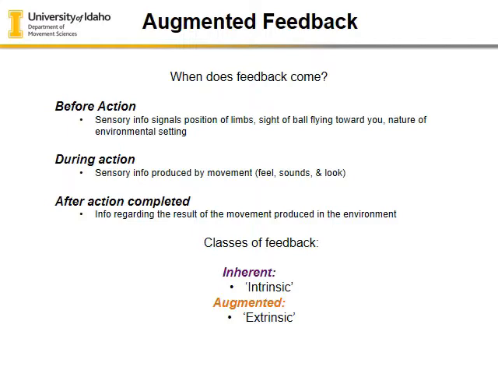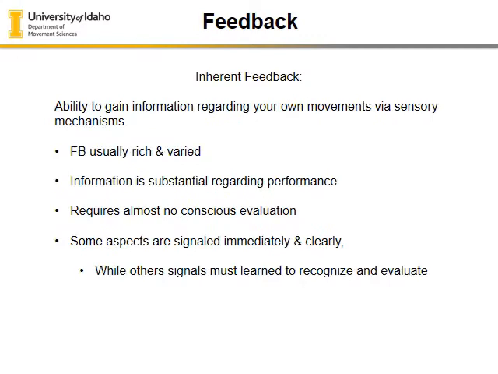Augmented is more of an extrinsic feedback versus the intrinsic feedback, which comes from our body positioning and where things are, and the sensory information about our movement system. So understand there are two big, broad classes of feedback: the inherent and augmented. Inherent is that intrinsic, and augmented is some sort of extrinsic feedback that we're provided, oftentimes by a coach or somebody teaching us how to do something.